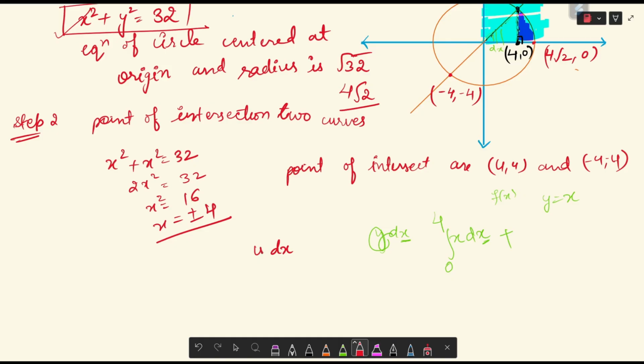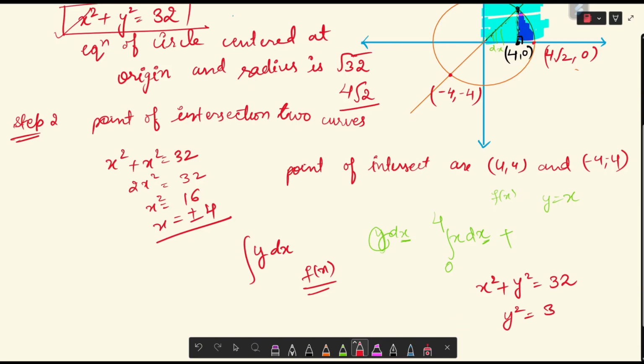Now we need to find y as a function of x. We have the equation of the circle, x squared plus y squared equals 32. So y equals the square root of 32 minus x squared. And we are in the first quadrant, so it's positive.